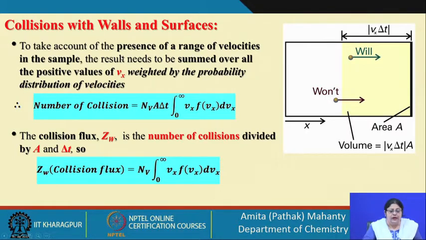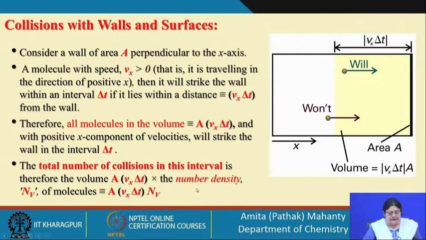What we need to do is sum over all the positive values of the velocity weighted by the probability distribution. That means, to find out the total number of collisions, we are finding out the total number of molecules present which are going to strike the wall into the total number density. Okay.